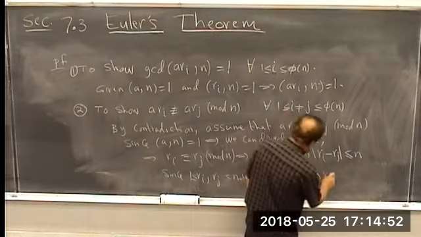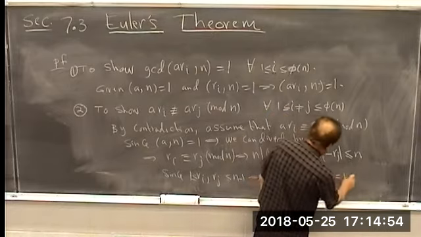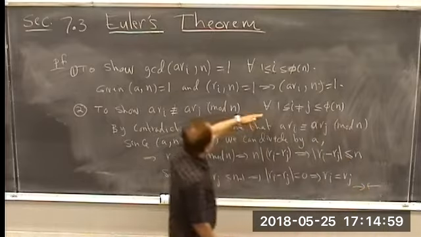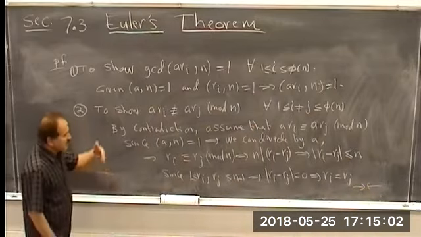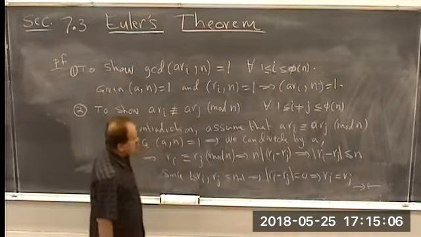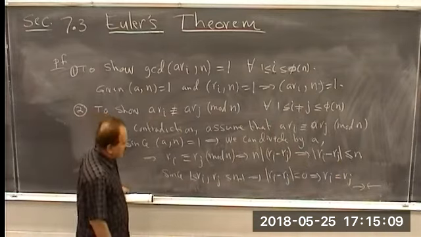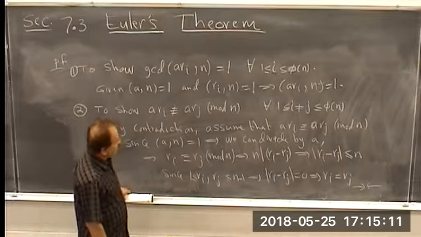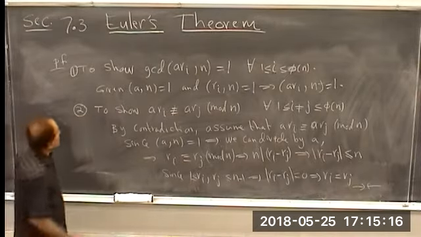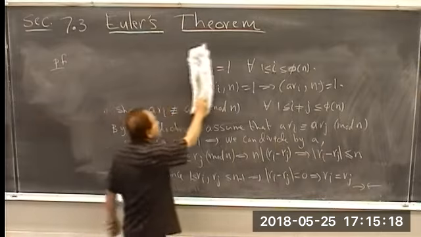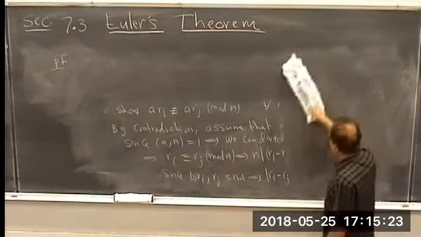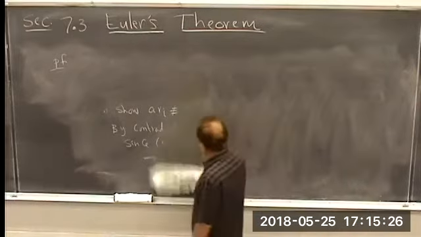And this implies that Ri is actually equal to Rj. But this is a contradiction because we are assuming i does not equal j, and those integers are not even congruent to each other mod n. All right. So this takes care of the second condition. So therefore, we have those integers, multiples of a, form a reduced residue system. Write this down.